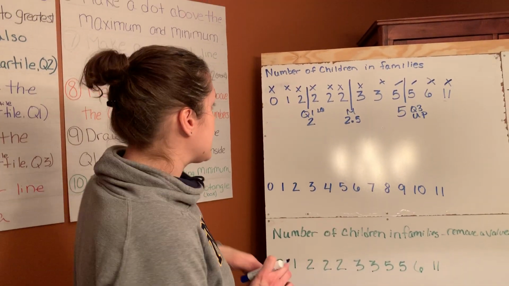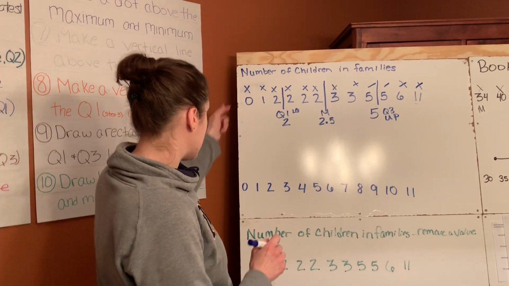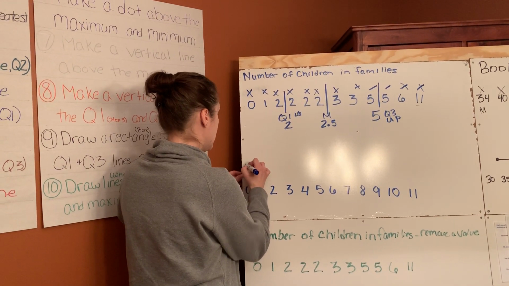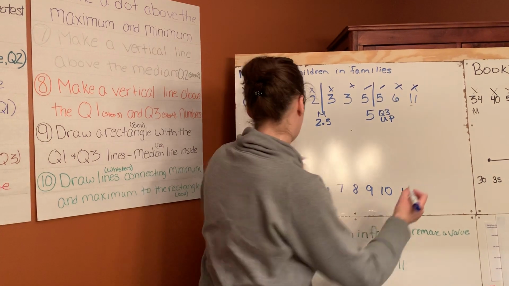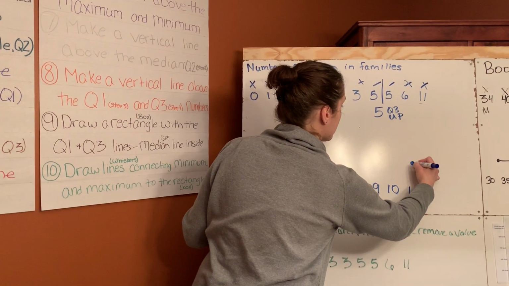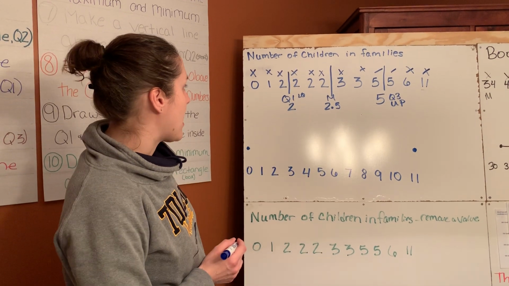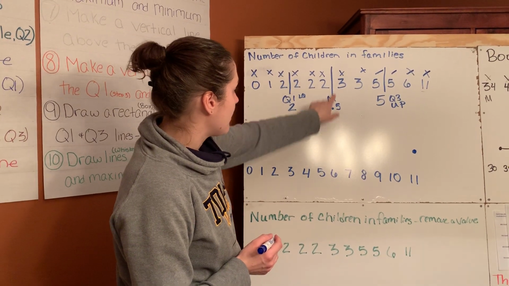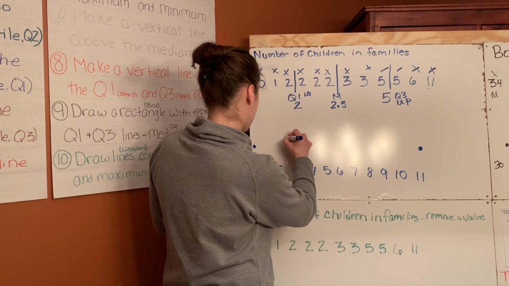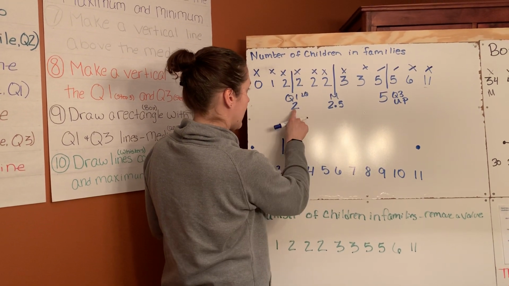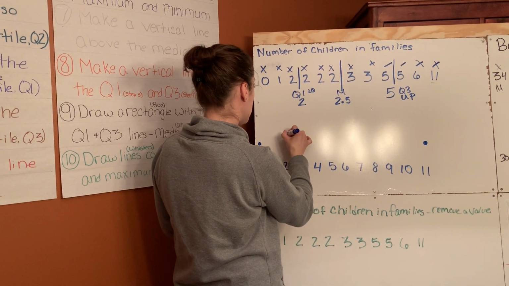So if we keep on doing the same steps as before, put a dot at your minimum, put a dot at your maximum. Again, if I'm going too fast for you, just hit pause anytime. Put a dot at your min, put a dot at your max. Put a line at your median, 2.5. Put a line at your lower quartile, 2.